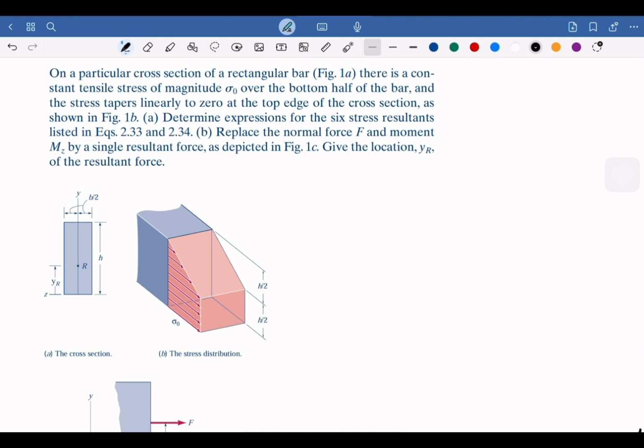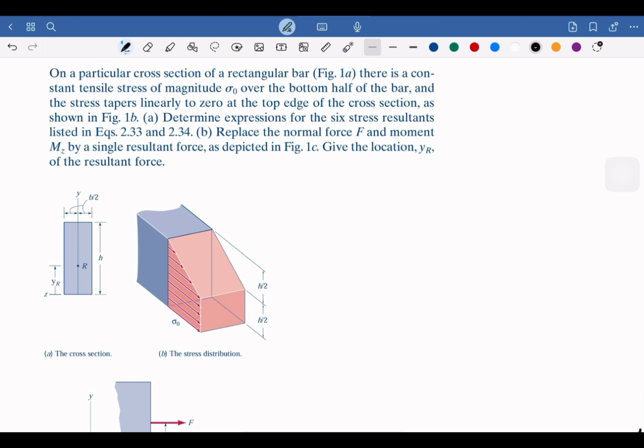And the cross section you can see from the left figure. So it has the middle part, which is going to be b over 2. This is the height, and the half, the h over 2, is a constant sigma, but the other h over 2 will be a distribution of sigma.